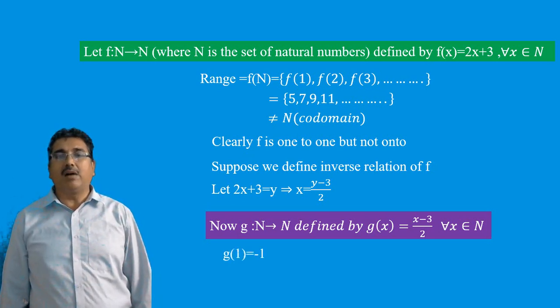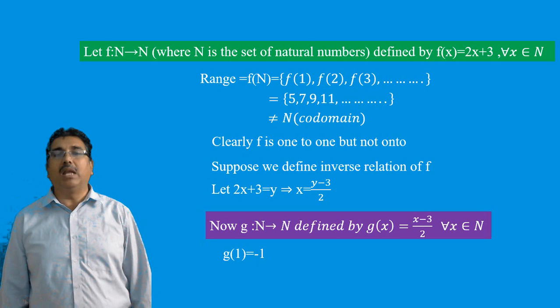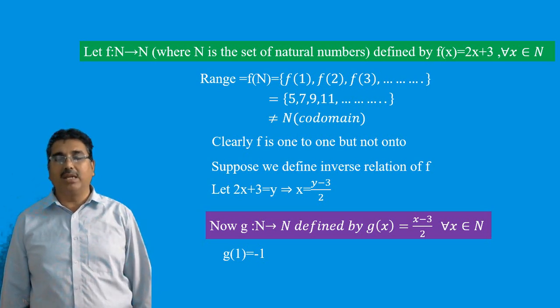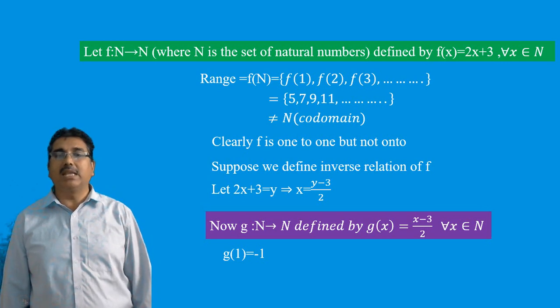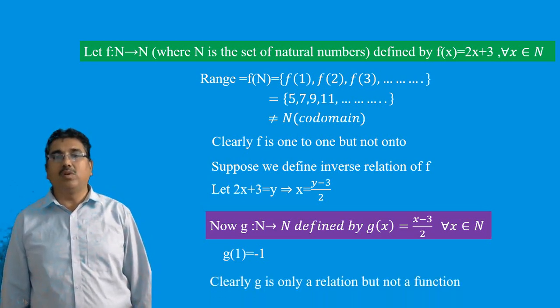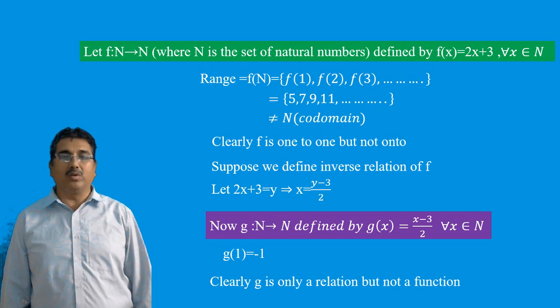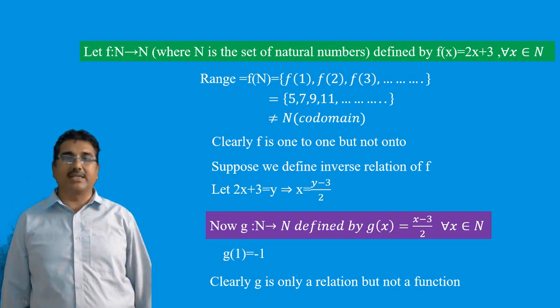Now, g of 1 is equal to minus 1. Minus 1 does not belong to the codomain. Therefore, 1 has no image in the codomain. Therefore, g is only a relation but not a function. So, I am not able to define an inverse function in this case.